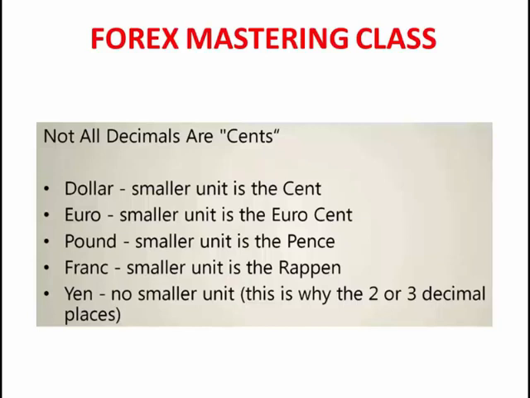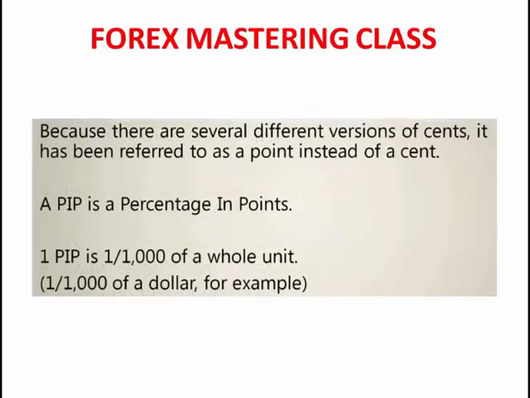Not all currencies have cents. That's why, because dollar has cents, then euro has euro cents. But pound sterling, we're talking about pence. Then francs talk about rappen. Then yen doesn't have any at all. So that's why you have it in 2 to 3 decimal places.